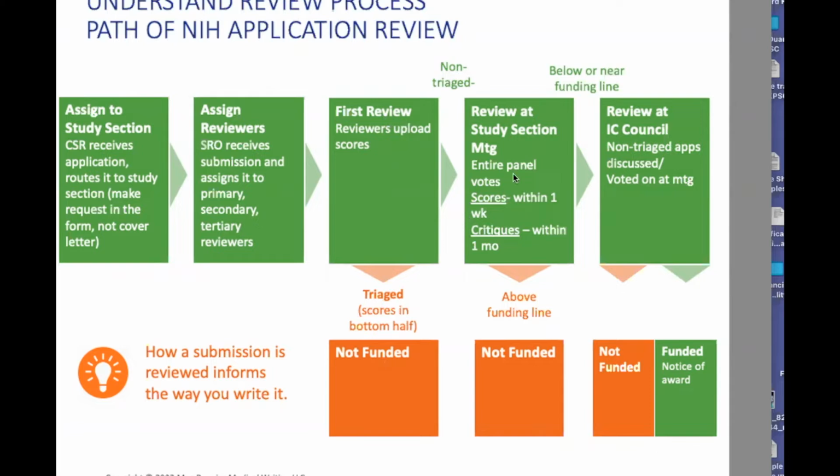The top half will go on to be discussed at the live study section meeting, where the entire panel of reviewers meets. Typically the primary reviewer leads a discussion of the application, and the other reviewers are glancing through the application as it's being discussed, but the only ones who have really read it ahead of time are the 3 assigned reviewers.